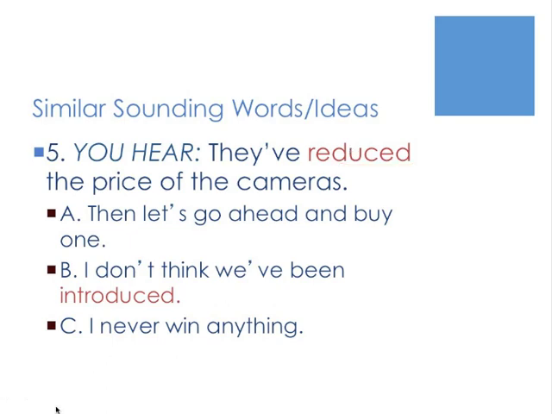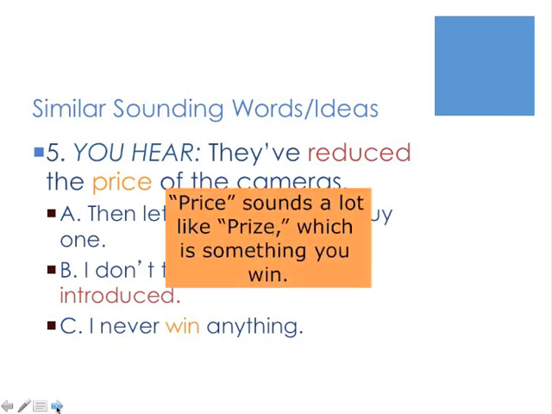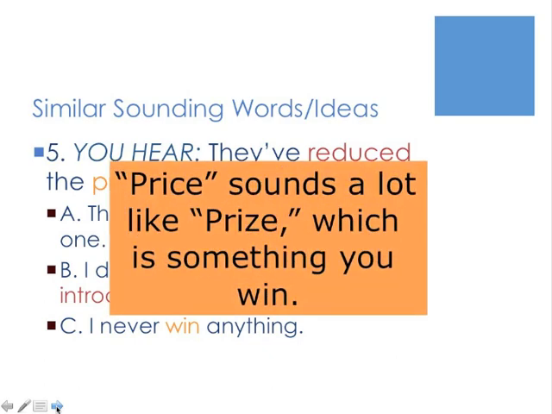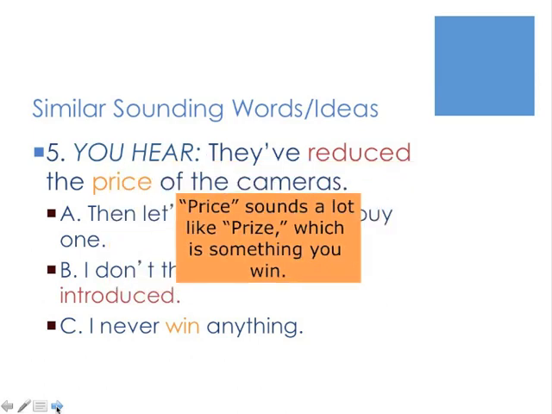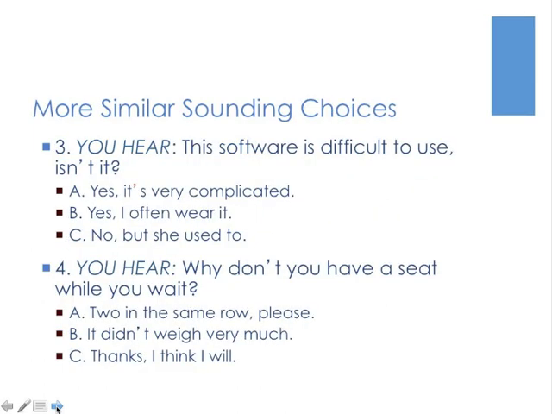The other challenge is we have the word price. Now, we don't have an answer choice that sounds the same, but we do have the word win. And if we think about it, price sounds a lot like prize, which is something you win. So in this case, we do have some words that are similar or at least suggest each other. Let's look at a couple of others.